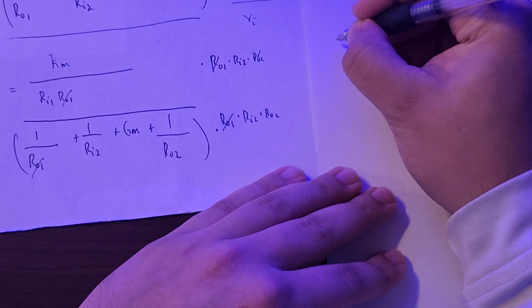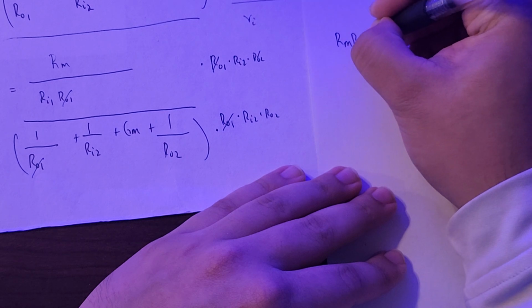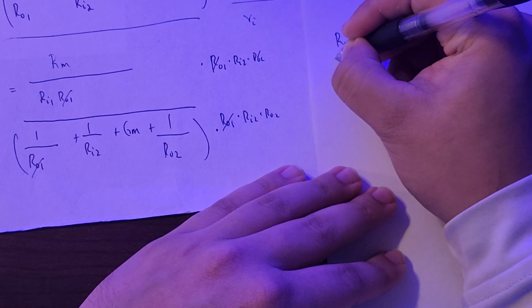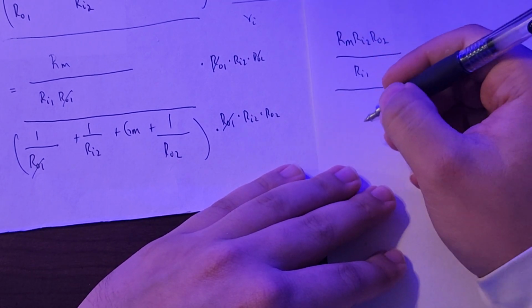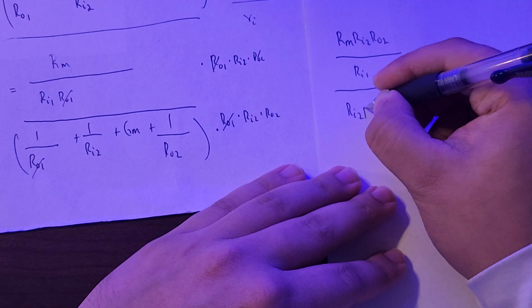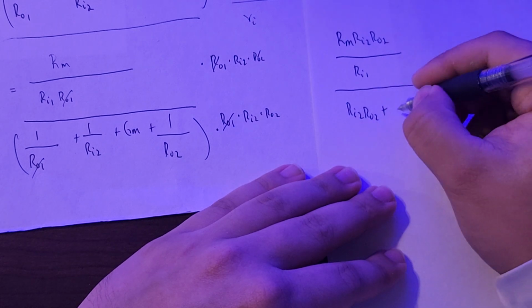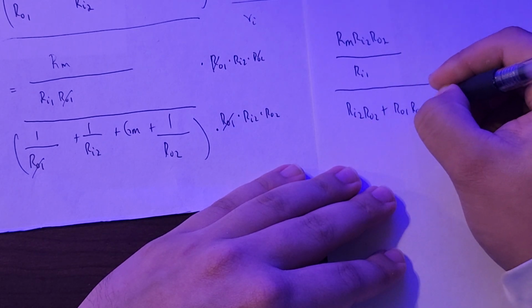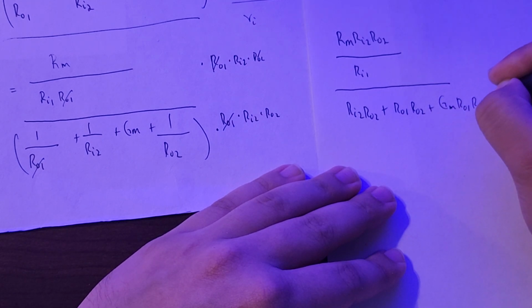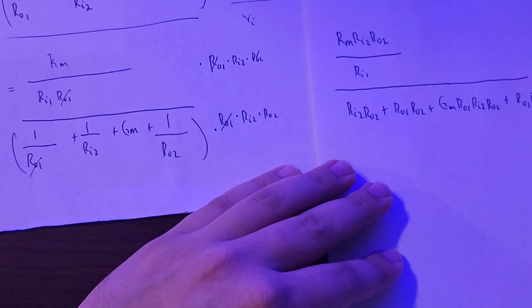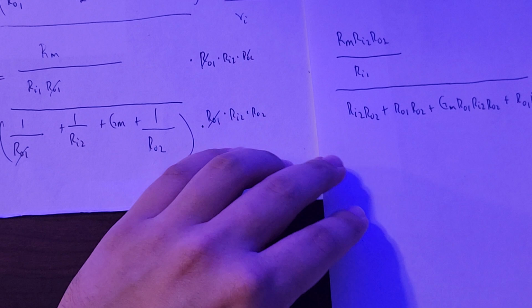So what we have is Rm, R in 2, R out 2 divided by R in 1 divided by a total of R in 2, R out 2 plus R out 1, R out 2 plus GM R out 1, R in 2, R out 2 plus, what is this, R out 1, R in 2. So again, this looks kind of disgusting, and this looks very disgusting for sure.